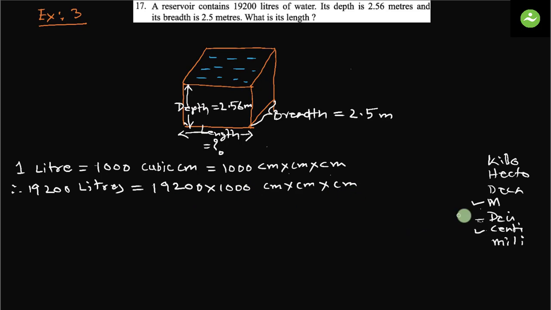So just remember this chart. It will be useful for many purposes. Here we will convert centimeter to meter. For each centimeter we divide by 100. We have already learned why. So 19,200 into 1000 divided by 100 into 100 into 100.